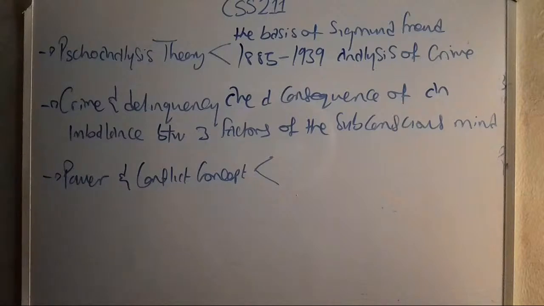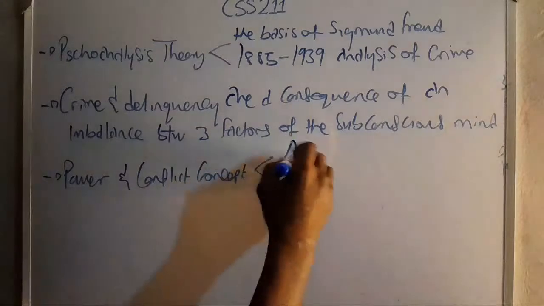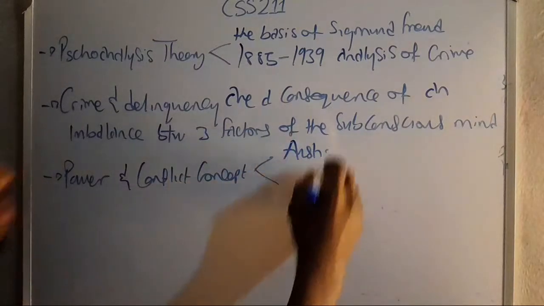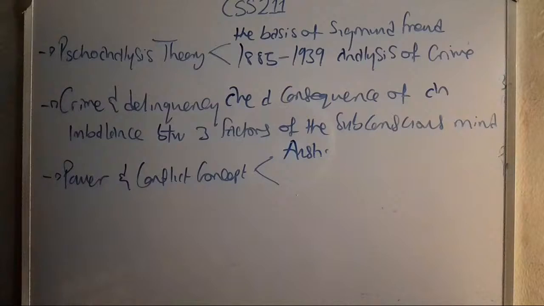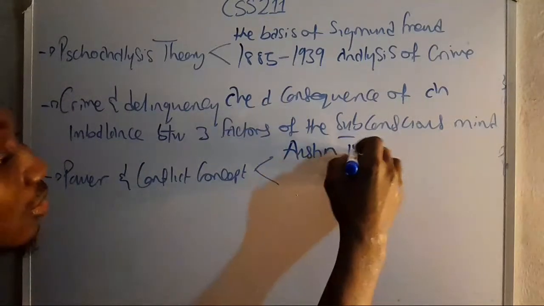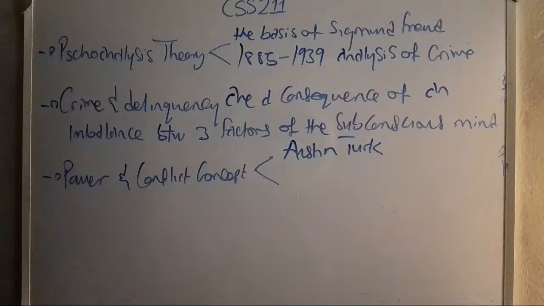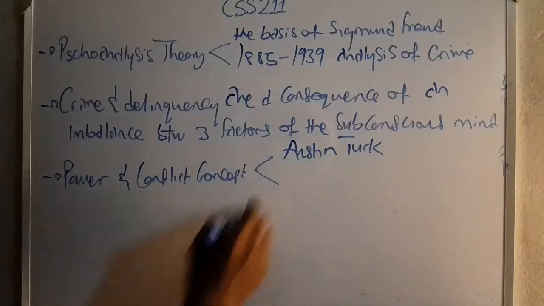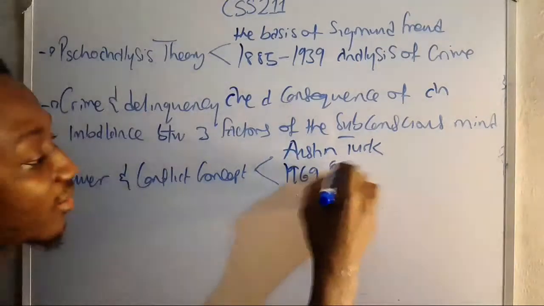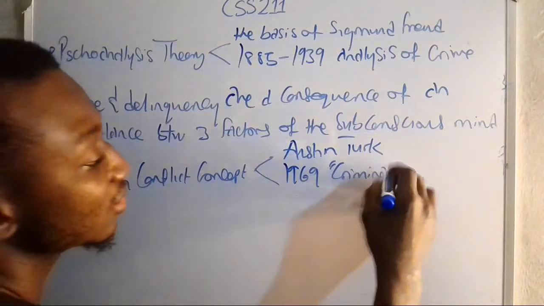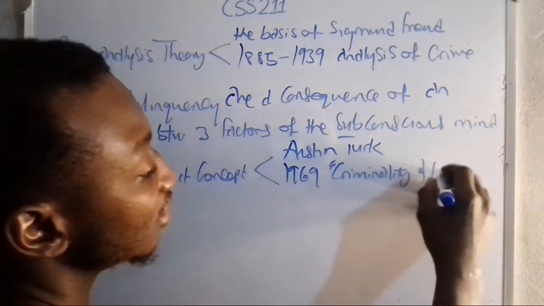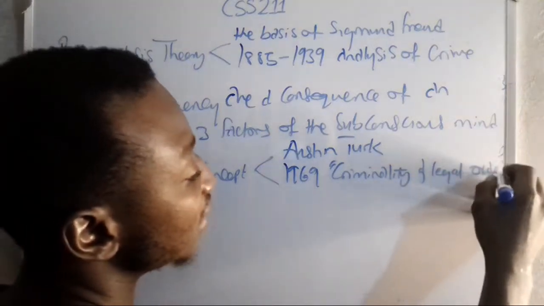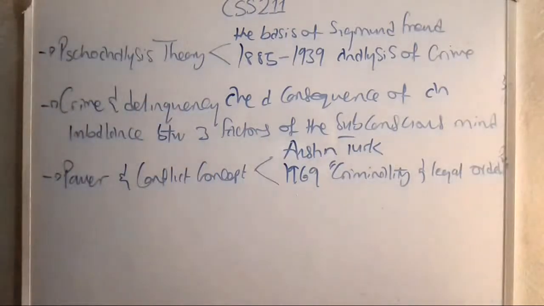The power and conflict concept is highlighted in the works of Austin Turk, in his book Criminality and Legal Order in 1969. That's the book of Austin Turk.